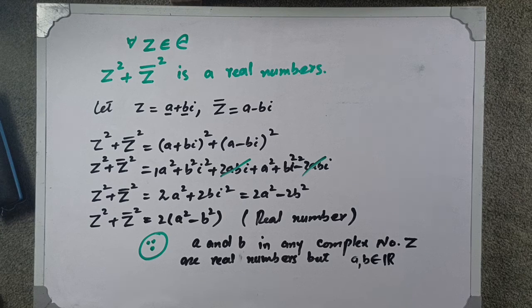So by this we can say that the square of a real number is also a real number, and the subtraction of two real numbers is also a real number. Since we don't have any iota form, any imaginary part, it is a real number.